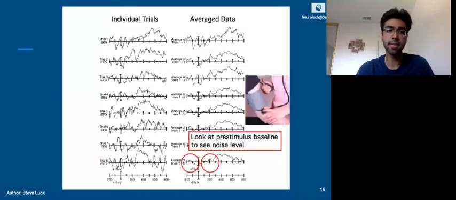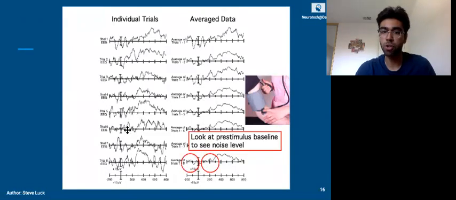So if you look at this data right here, here are individual trials from 8 different people. On the left is person 1, person 2, all the way to person 8. And then the average data is just person one and two, all the way until you encounter the 8 people. If you see the graph, the average graph tends to get a lot smoother compared to the individual trials.